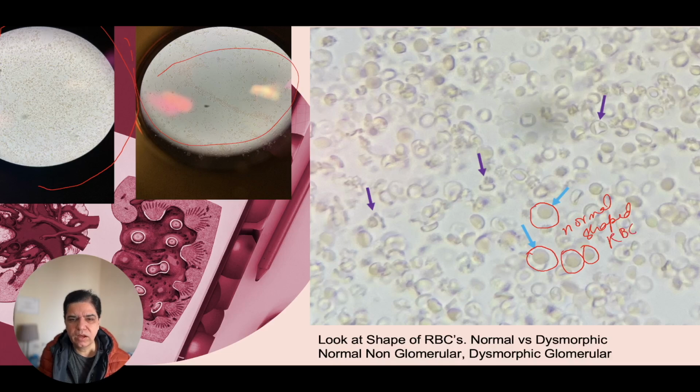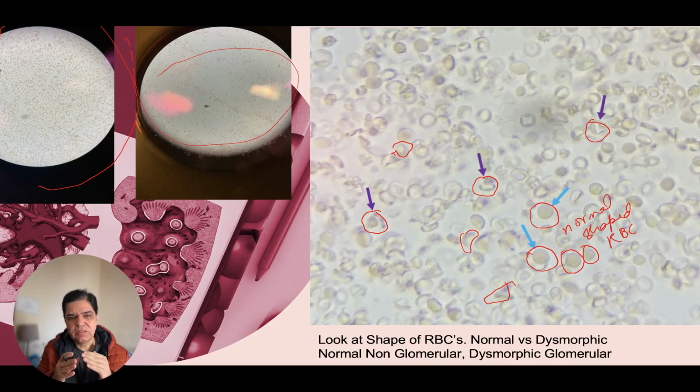But look, some of the RBCs are squeezed. They are dysmorphic. They are deformed. Look at this RBC, this RBC, this RBC, okay? Maybe some other one as well, like here, see, this RBC, this RBC, this RBC. Some of them have been deformed. Now, how could an RBC be deformed?